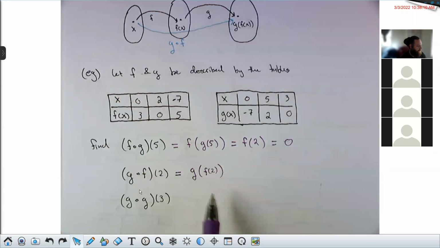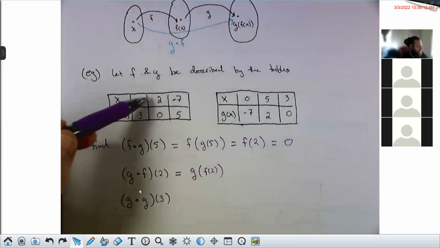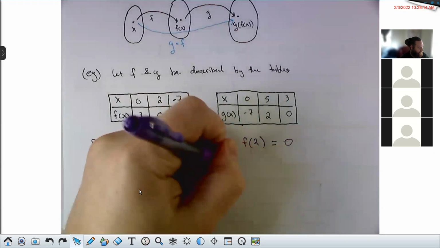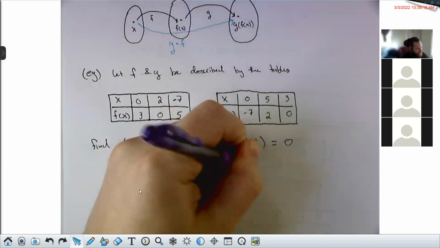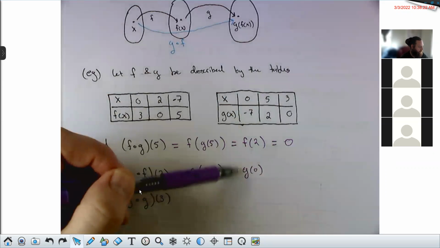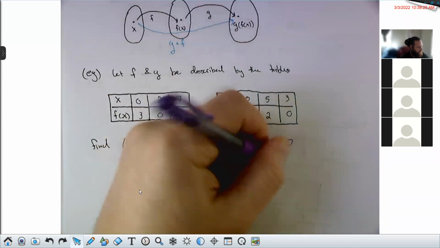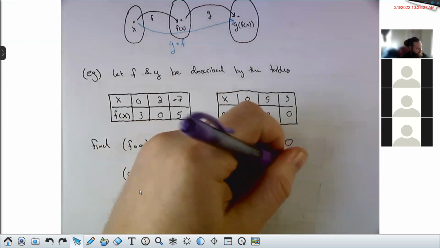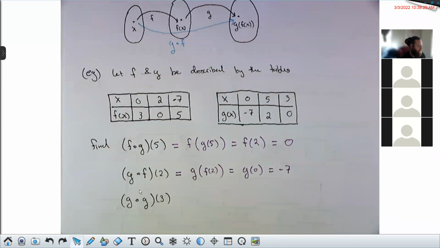F of 2 we computed a minute ago. F of 2 is 0, right? When x is 2, f of x is 0. So this is g of 0. And then we look at the table for g. G of 0 is -7. So g of f of 2 is -7.